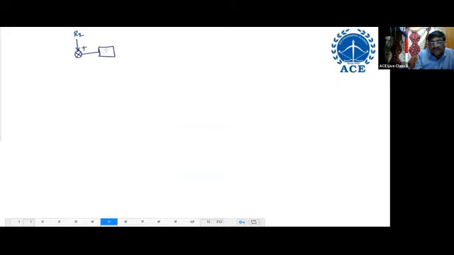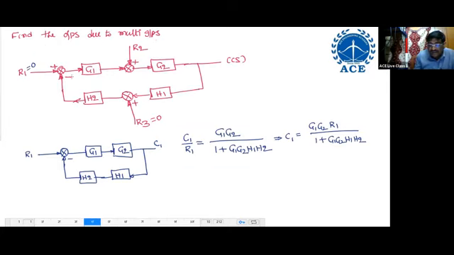Here G2. This is the output. Here H1. Feedback. Here H2. And the summing point here is eliminated. But the negative sign is there, na? That negative sign, see G2, C of S, H1, this R3 0, summing point eliminated, H2.